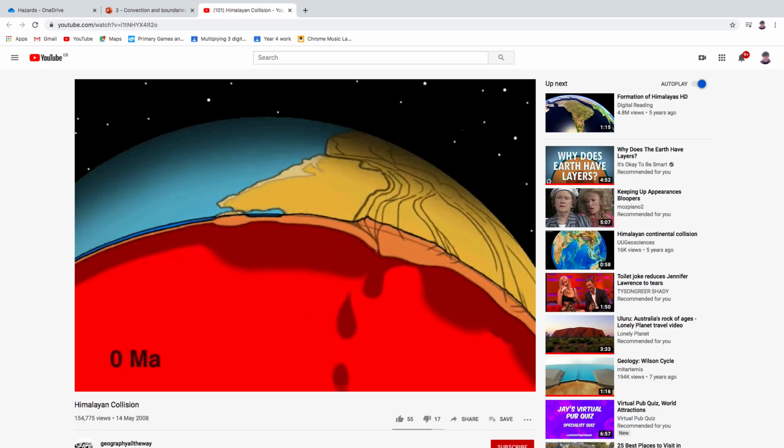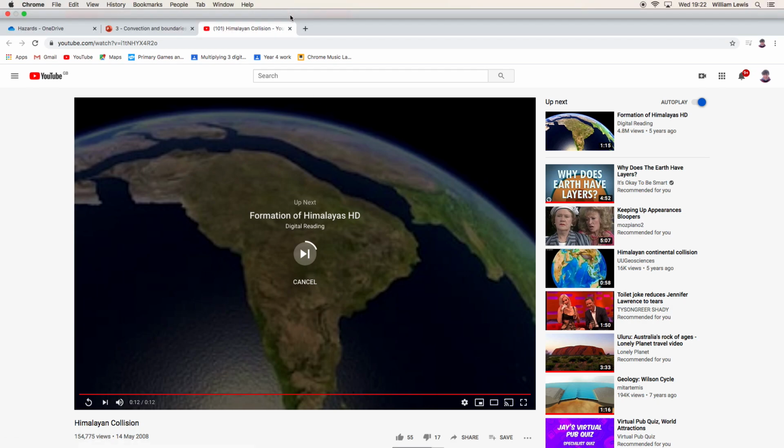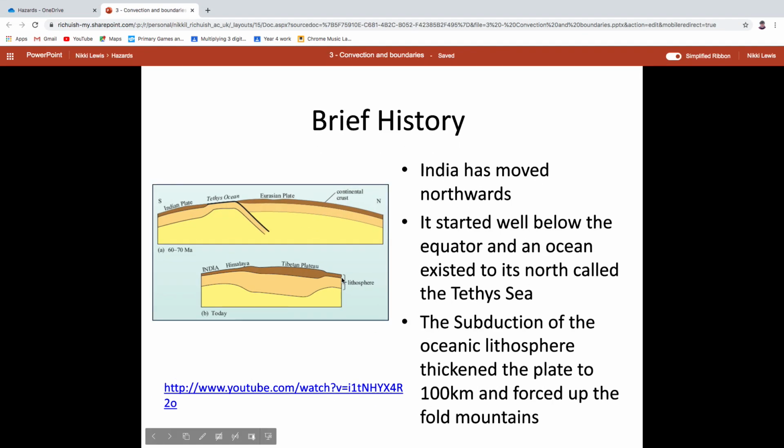It's not the best clip you'll ever see, but I was not prepared to draw that one for you. Definitely not. So remember, we definitely cannot call this one a destructive margin. We would have to call this, if you would rather, a collision margin, because that's exactly what's happening.